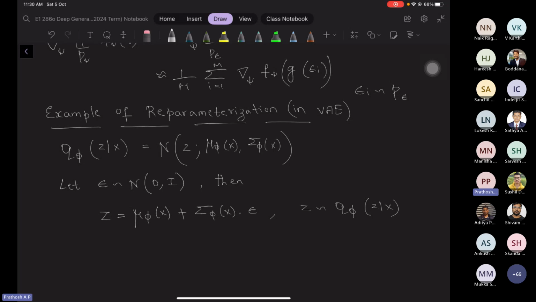Do you agree? Now this function is the g function that I'm talking about. This is g of epsilon. If you take a normally distributed random variable with zero mean and unit variance, you add a constant and scale it with a constant, then the output random variable will again be Gaussian, with the mean and variance given by the scale and the shift. This is reparameterization. Do you see that?